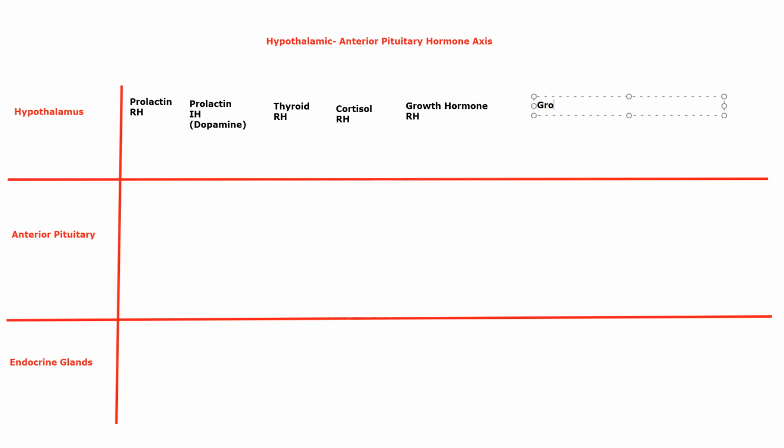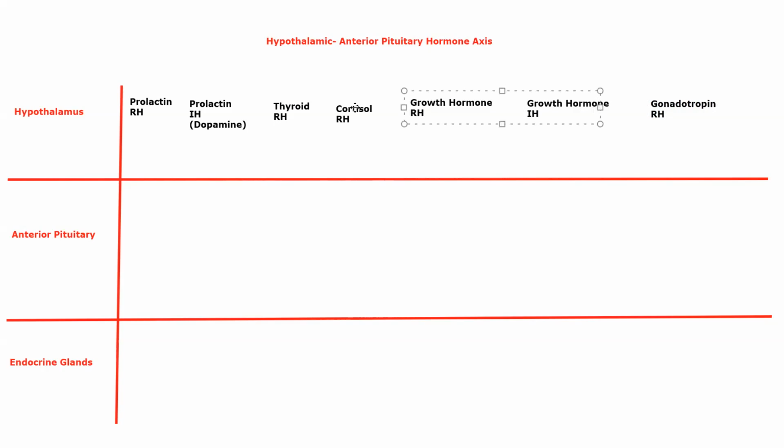And then growth hormone inhibiting hormone. And then GnRH is gonadotropin releasing hormone.